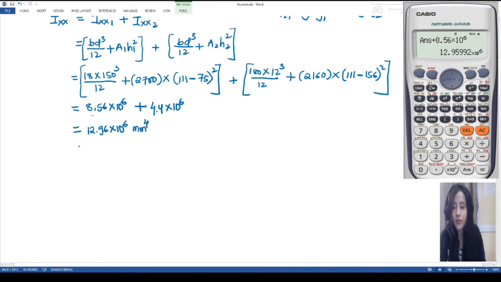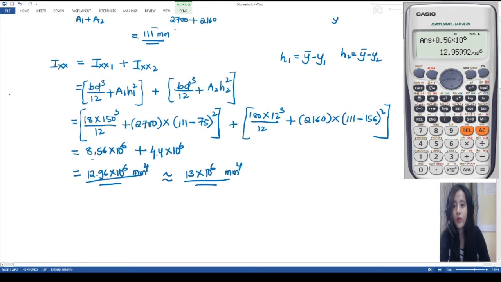This value is approximately equal to 13 into 10 raised to power 6 mm raised to power 4. Right, so we have found the moment of inertia about Ixx.